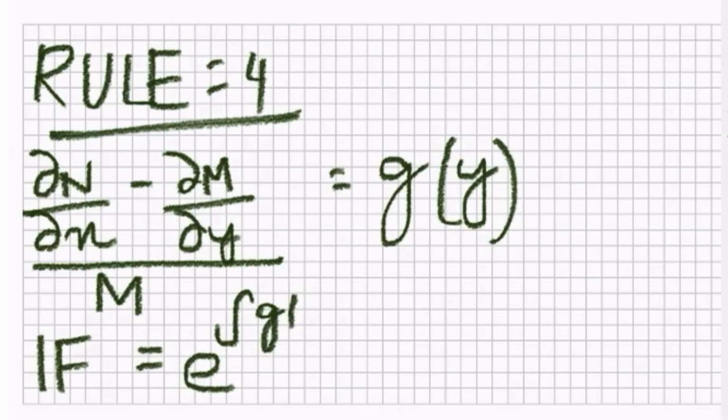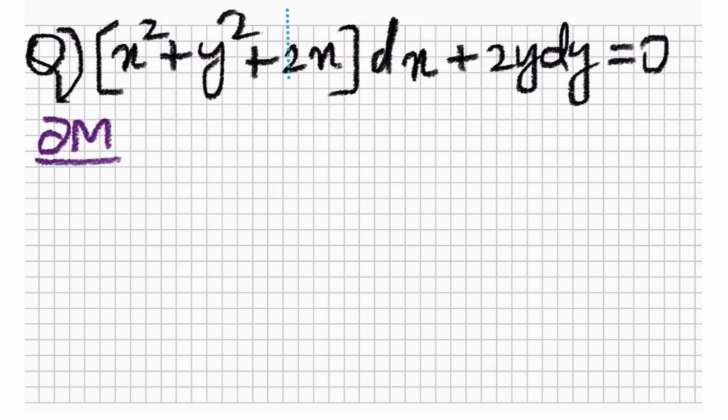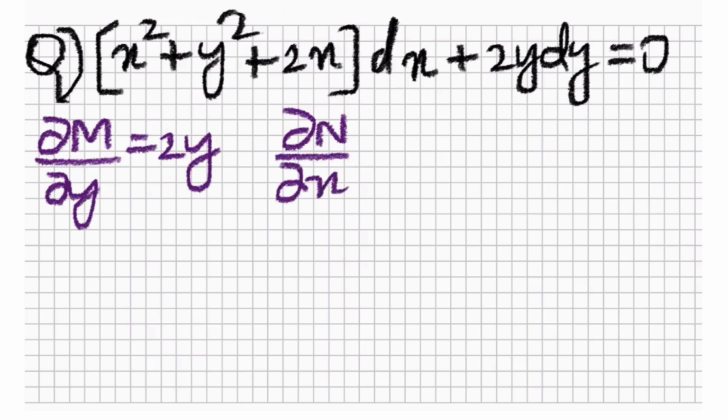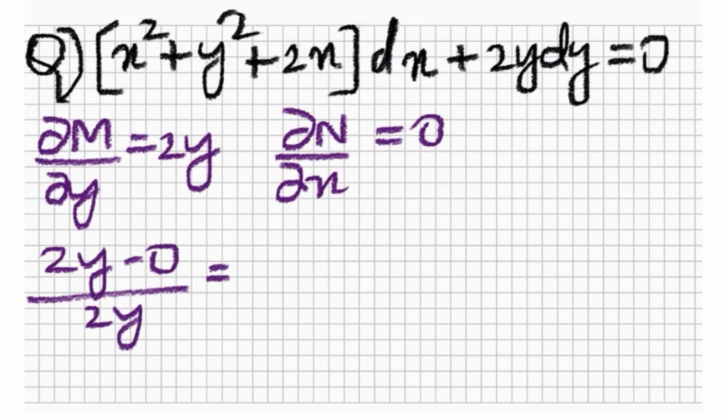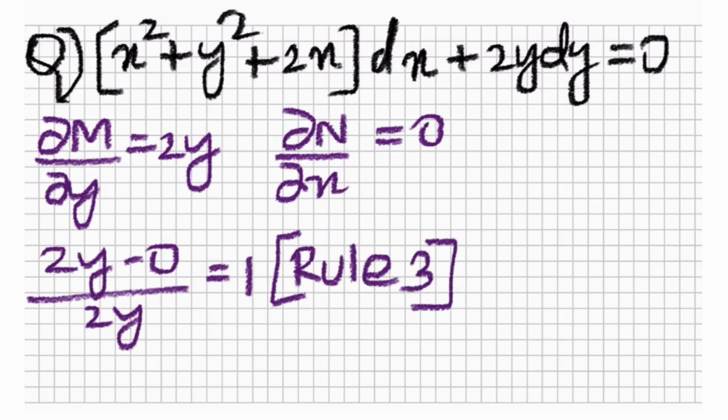We start by taking a question and then taking the partial derivative of the dx terms and the partial derivative of the dy terms. And as we can see here, if we apply rule 3 and take (∂M/∂y minus ∂N/∂x) by N, we get 1, which is x to the power 0 and thus a function of x alone.